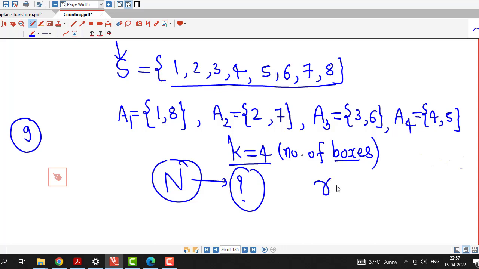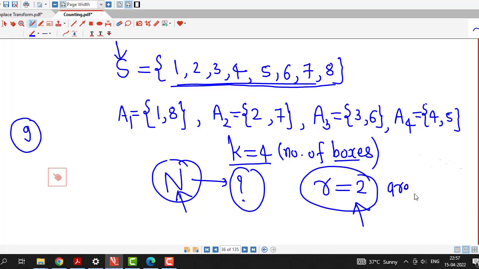That is, we have to consider R equal to 2. That is, R equal to 2 elements are in only one box, in only one set out of A1, A2, A3 and A4.